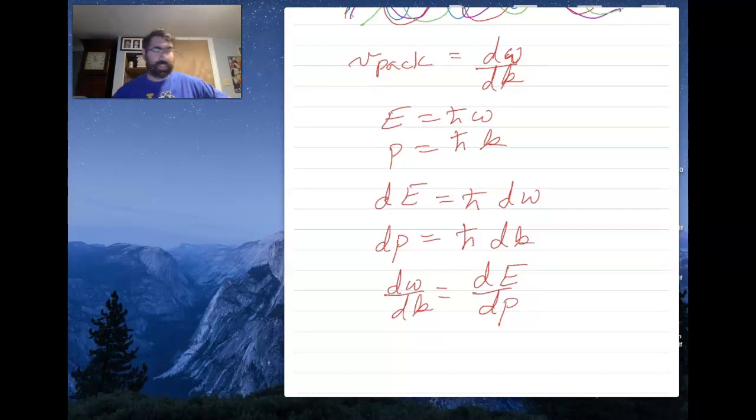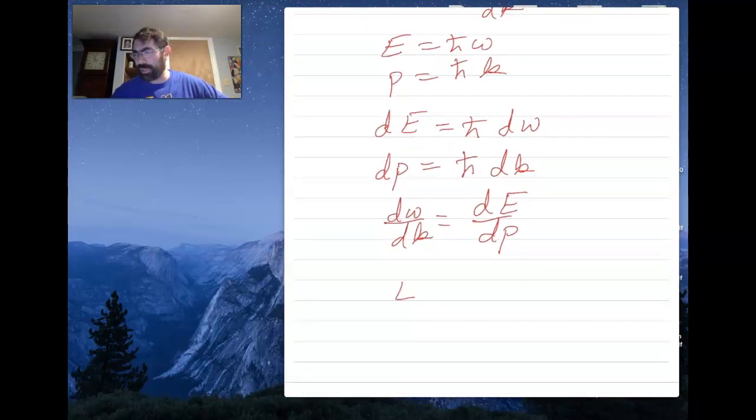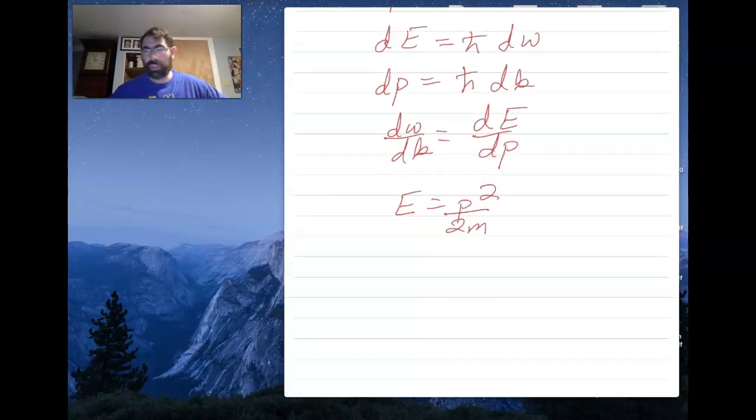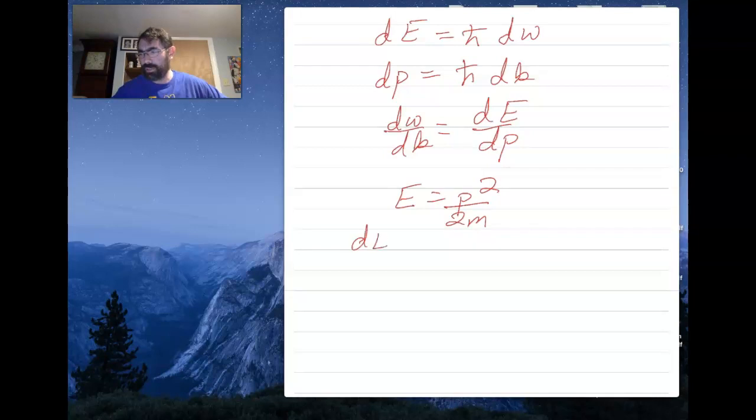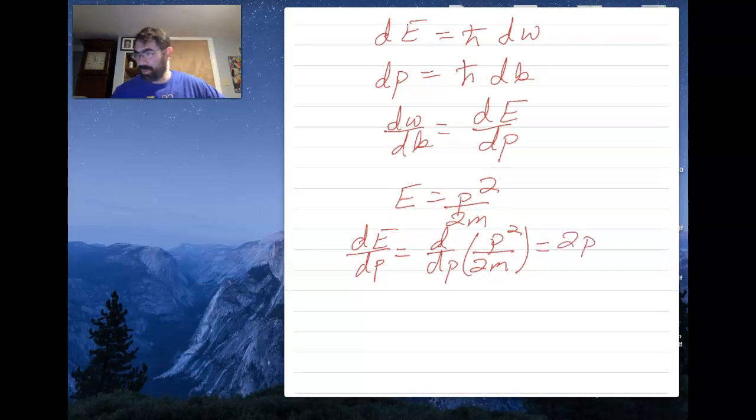So if I do that and then add in our classical definition, the derivative of the energy with respect to momentum is p over m.